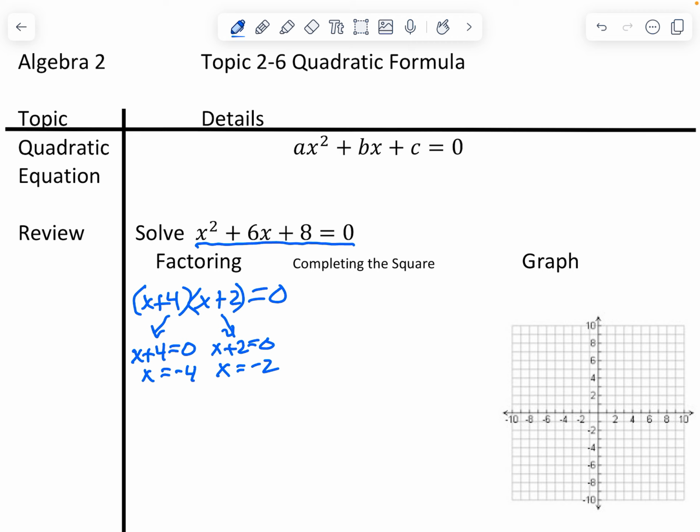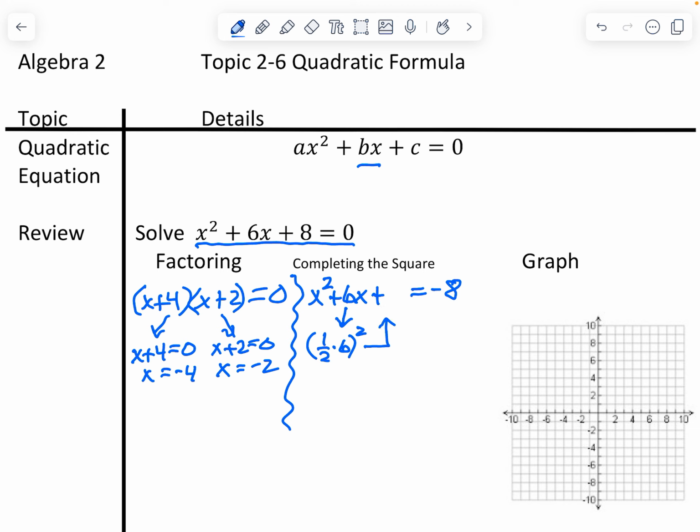Completing the square, what we do is we want to get the x squared and the x term on one side by themselves, so we leave them on the left, and then we put the negative 8 on the other side by subtracting it. And then we take this 6, the linear term coefficient, the b in this equation, and multiply it by a half, so we get 3, and then square it, and add it to both sides.